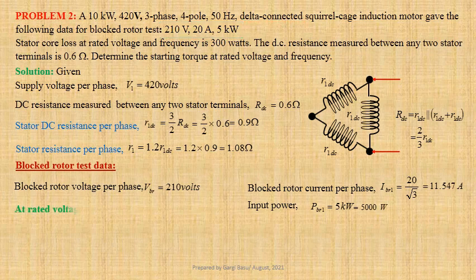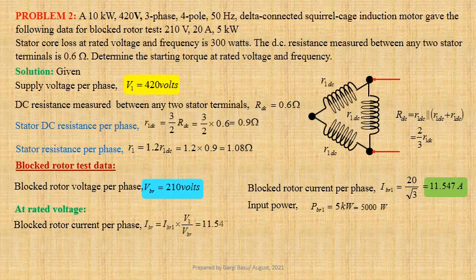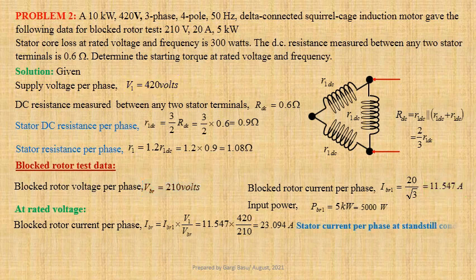At rated voltage, blocked-rotor current per phase IBR equals IBR1 into V1 by VBR. Using values we get 11.547 into 420 by 210, that gives us 23.094 ampere, that is the stator current per phase at standstill condition when rated voltage is applied.